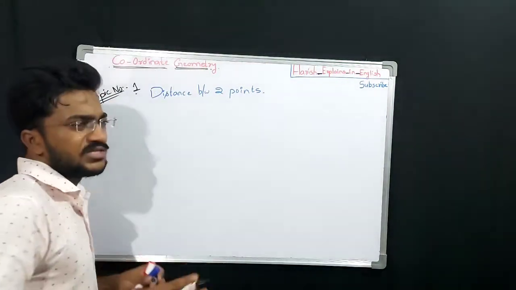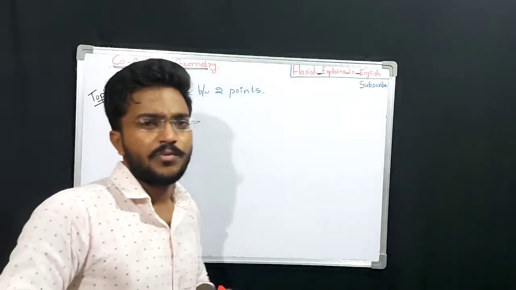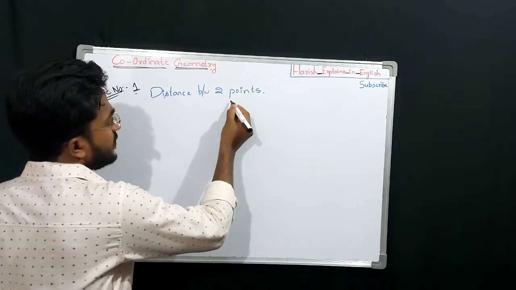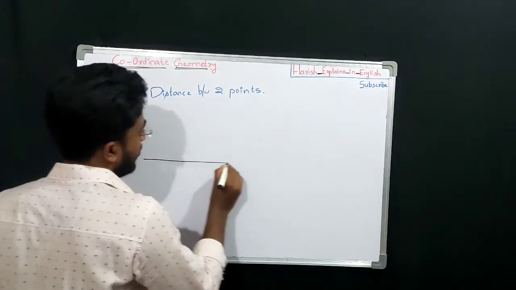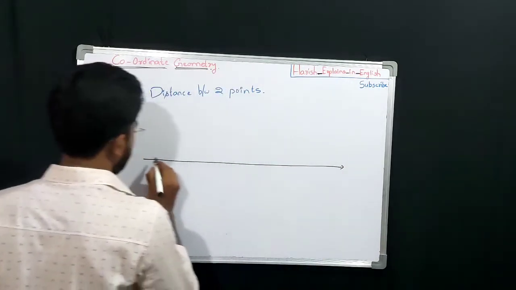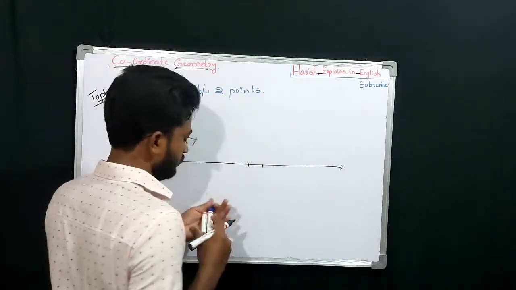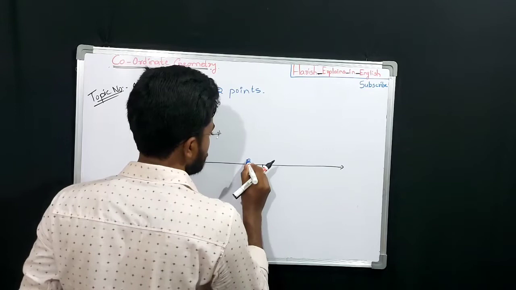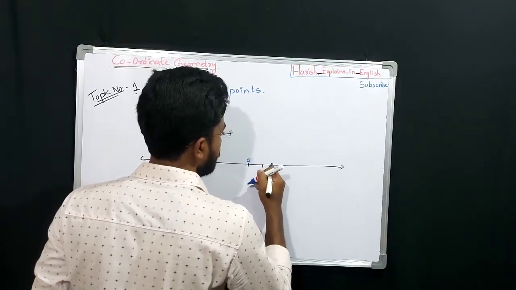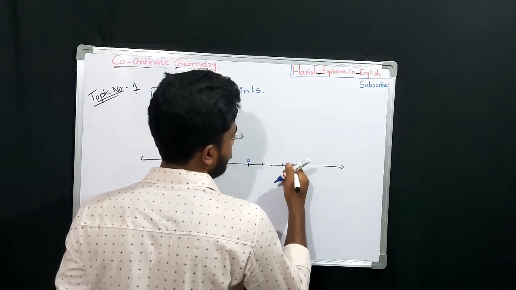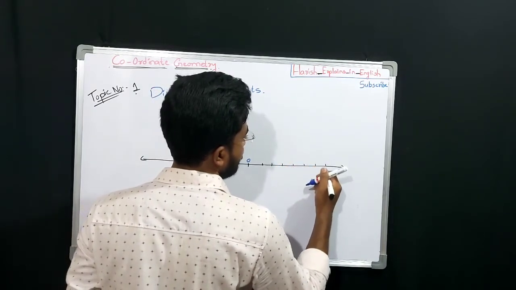So the coordinate system is nothing but, you may have learned the number line in lower sections. The number line is like this. I'll place 0 here. This is 0, 1, 2, 3, 4, 5, 6, 7.